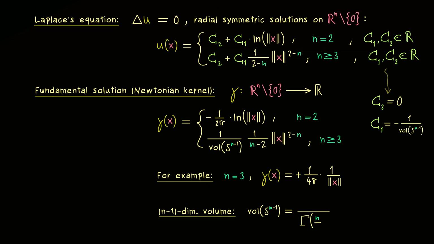And we need it at n halves plus 1. And the inverse of that is multiplied by n and pi to the power n over 2. In fact, one can simplify this formula even more, but for us it's already good enough that we know that the surface area of the unit sphere, so the n-1 dimensional volume, is fixed by this formula. So you can remember, it's the generalized surface area, and the radius of the sphere is fixed by 1.